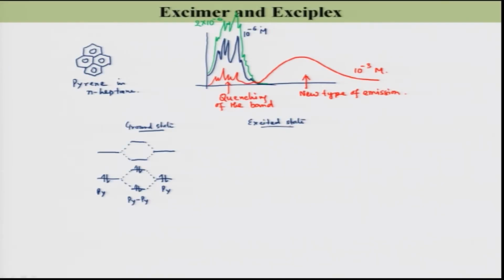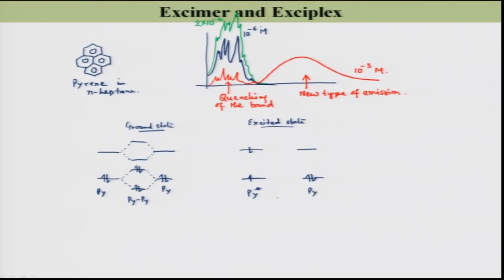However, in the excited state, let us say this is one pyrene, but this pyrene molecule is not in the ground state, it is in the excited state. So I have one electron over here and another electron over here, and this other pyrene molecule is in the ground state.